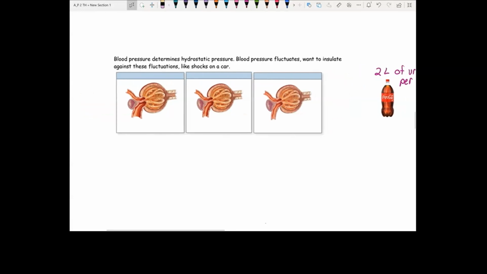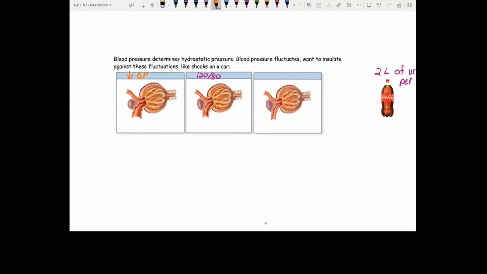So we have 3 different pictures here. Remember we said that pushing blood through your glomerulus relies on blood pressure. The middle picture here, we're going to say is 120/80. This is just a normal average blood pressure. This picture is just our comparison picture. In the picture to the left, we are going to say that this person has low blood pressure, so their blood pressure is below 120/80.